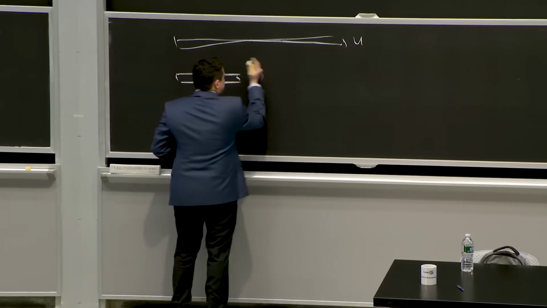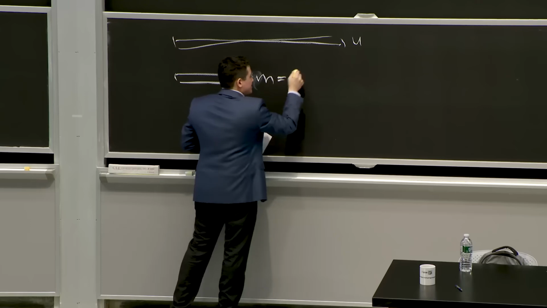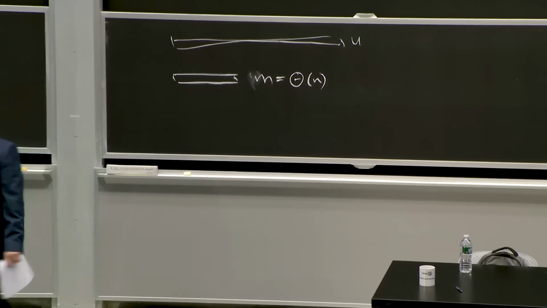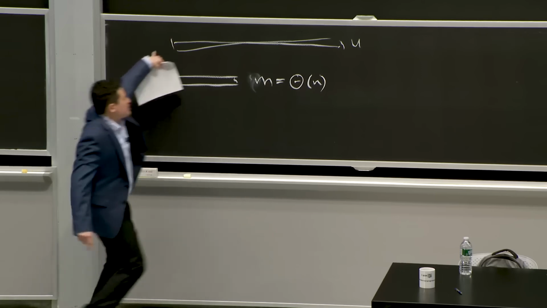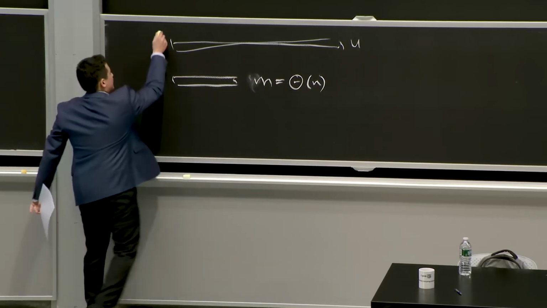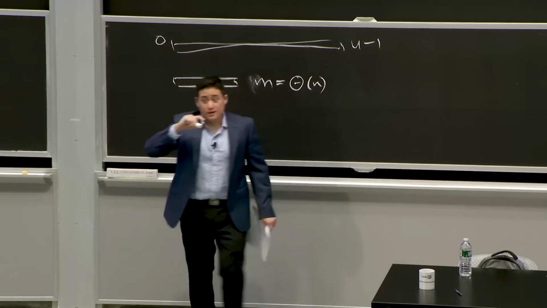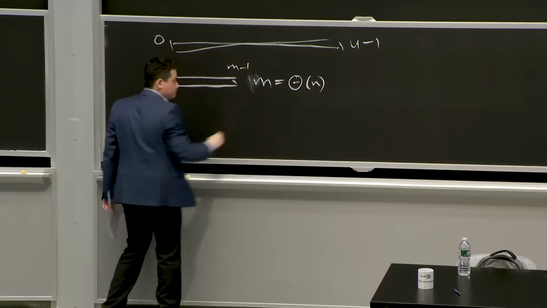I'm going to relax that and say we're going to make this a length m that's around the size of the things I'm storing, okay? And I'm going to try to map this large space of keys from 0 to u minus 1 down to a range that's 0 to m minus 1.